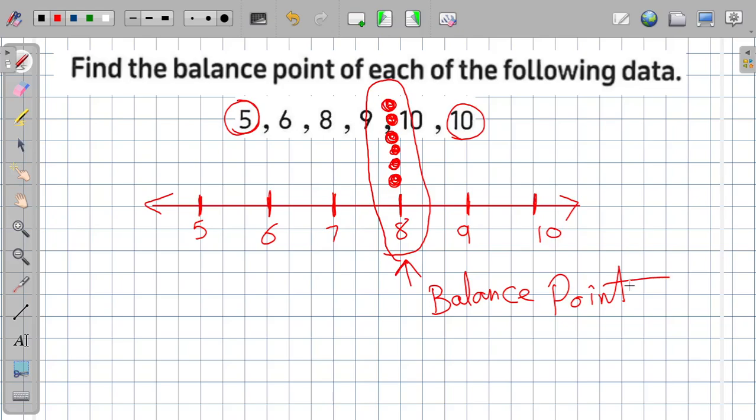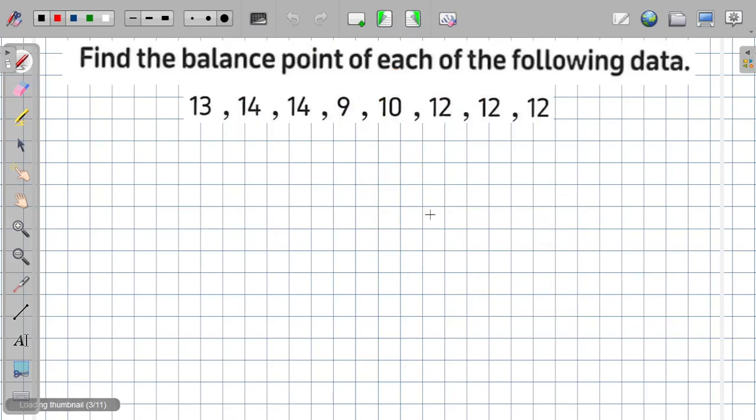let's try another one. I have 13, 14, 14, 9, 10, 12, 12, 12. So let's draw our number line first. Okay, so I have the smallest number is 9 and the biggest number is 14.